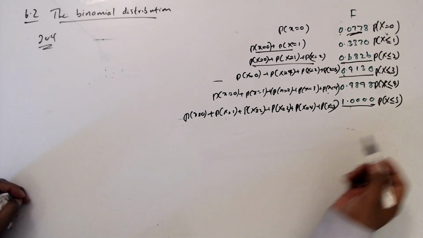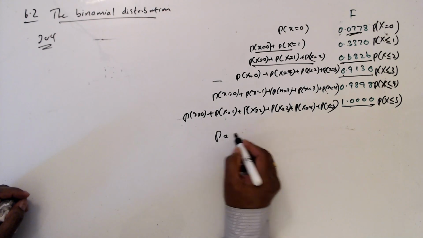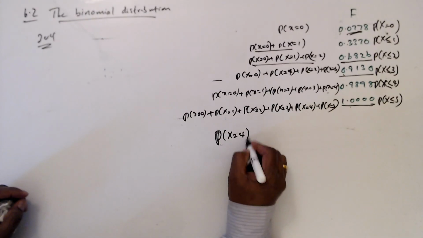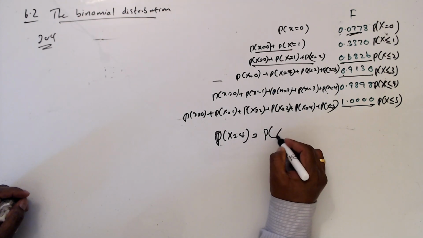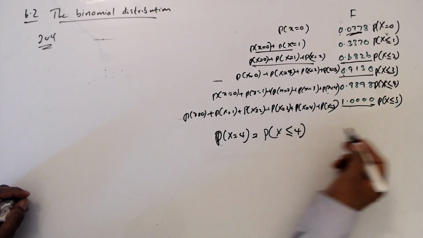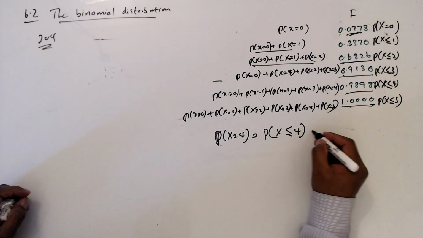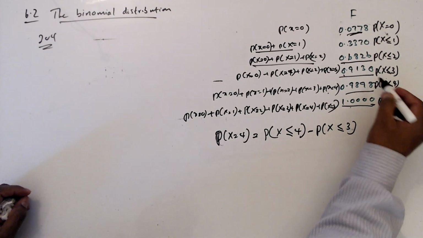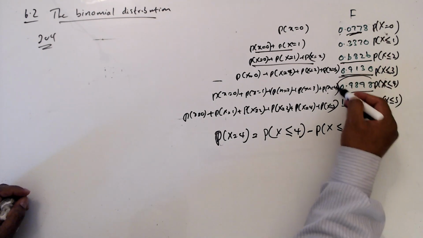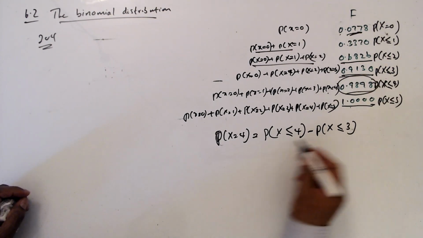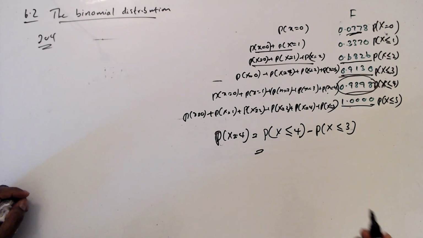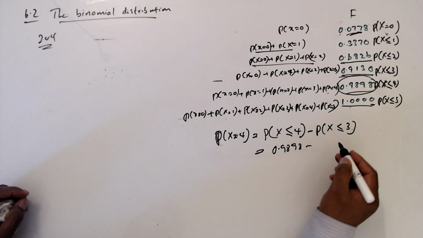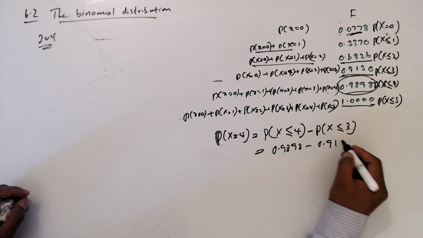Then if you want to find probability of x equal 4, you want probability of x less than or equal to 4, this value, minus probability of x less than or equal to 3. Then only you can get the right value. So 0.9898 minus 0.9130.